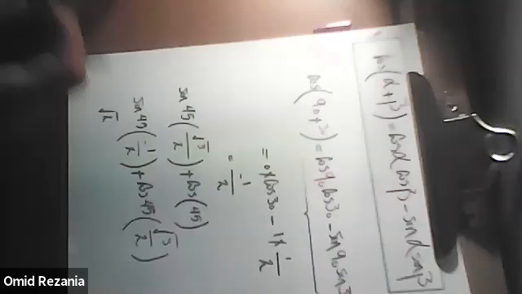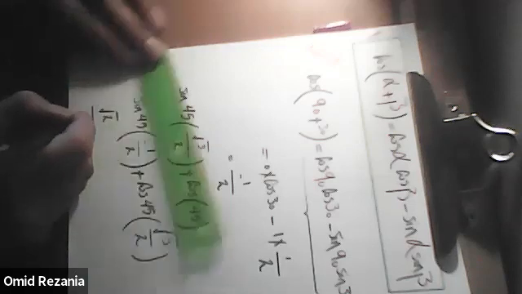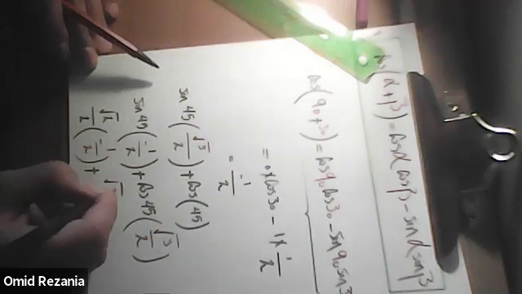Square root of 2 over 2, multiplied by minus 1 over 2, plus cosine of 45, the same thing, times square root of 3 over 2.